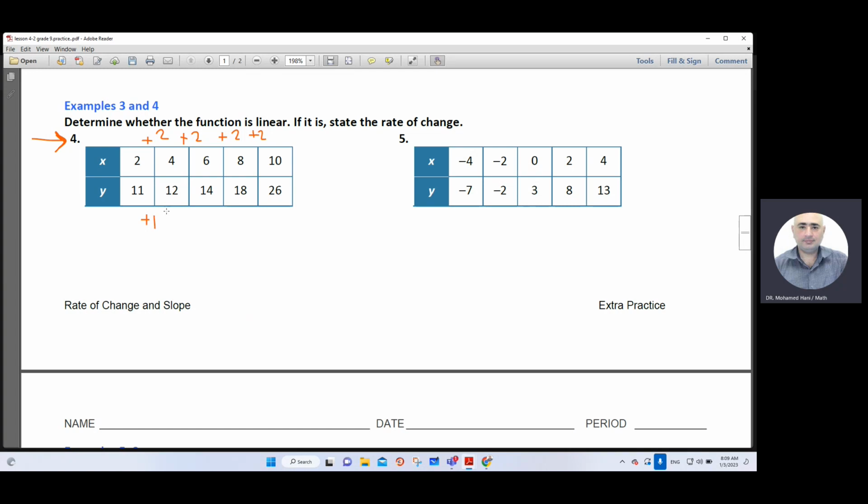Right, the change in y divided by the change in x. And here 2 over 2, then 4 over 2 equals 2, and so on. So as you see, we have different rates of change, which means not linear.